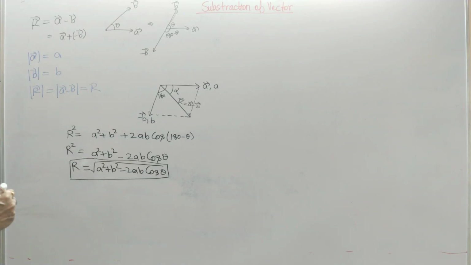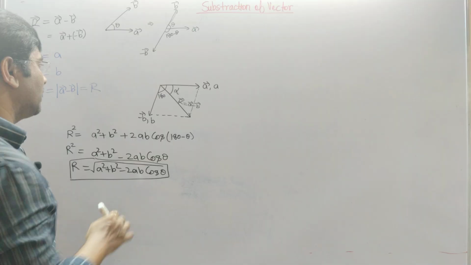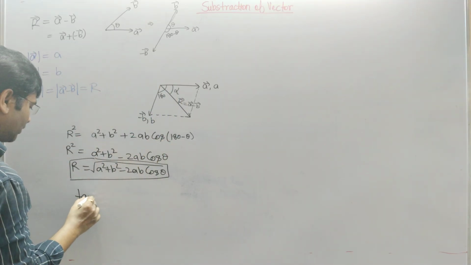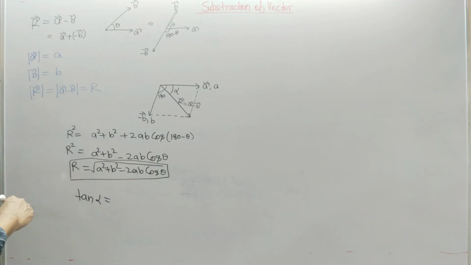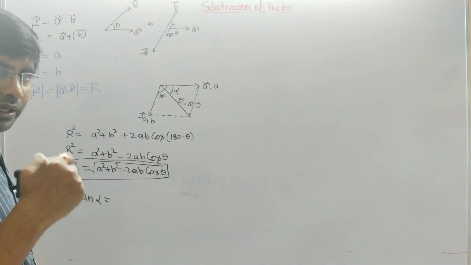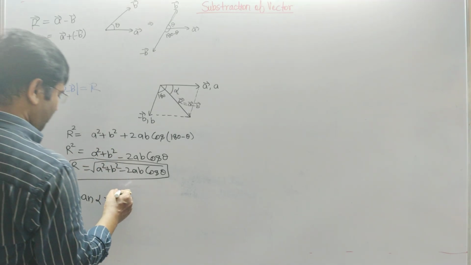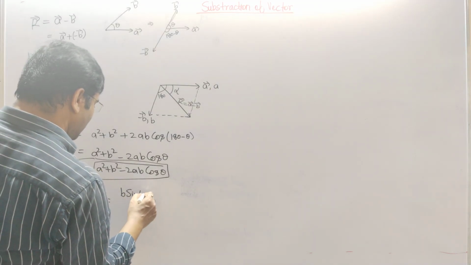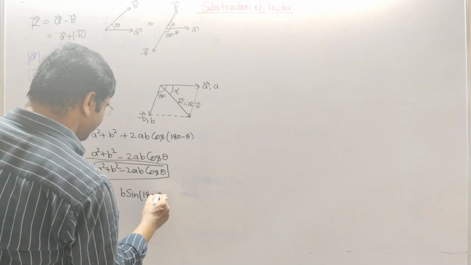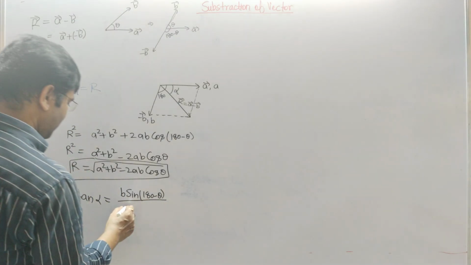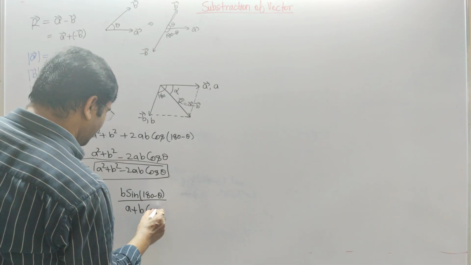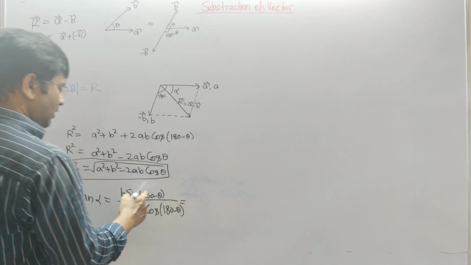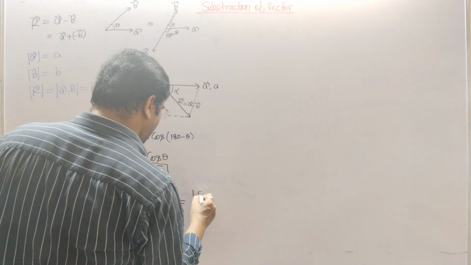Now this is a vector quantity, so we have to find the direction also. Okay, so to find the direction, this is alpha. Here for tan alpha, I will use the same formula. What was the earlier formula? B sin theta upon A plus B cos theta. Same formula we will use. B means the magnitude of the other vector. B into sin theta, where theta will be 180 minus theta, upon A plus B cos theta. So here sin of 180 minus theta is nothing but sin theta only.